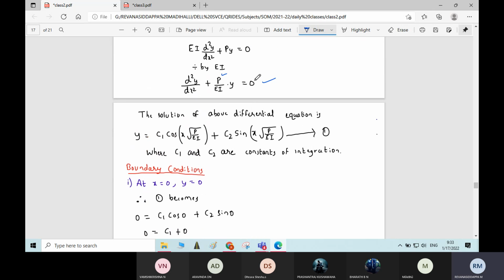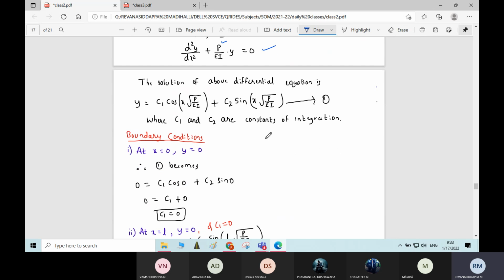In the first case there is no multiplication constant for P/EI, it is 0, so there is no extra term here. It is just C1 cos x root P/EI plus C2 sin x root P/EI.